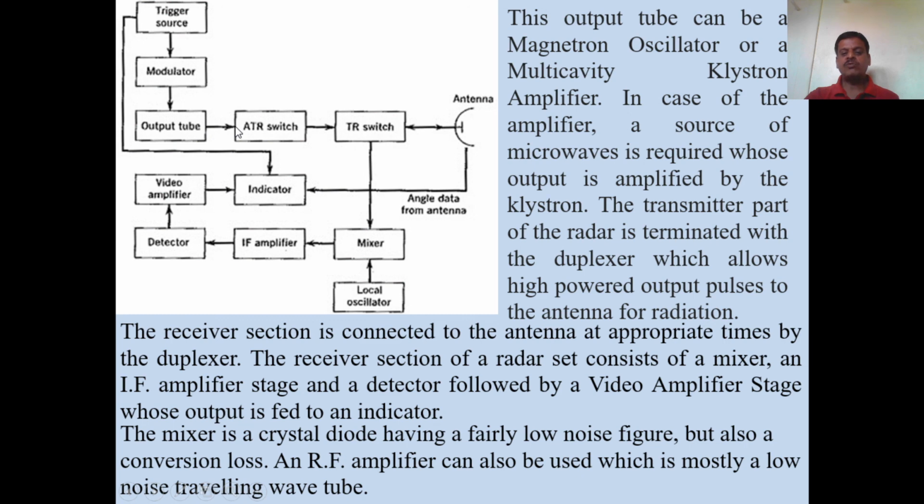the microwave and feeds it to the ATR switch, then the transmitter part of the radar is terminated with the help of the duplexer, which allows the high power output pulses to the antenna. This is the antenna.